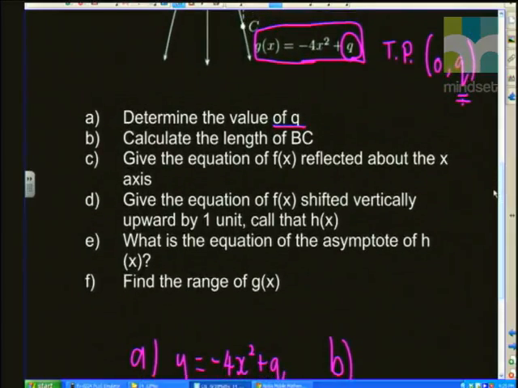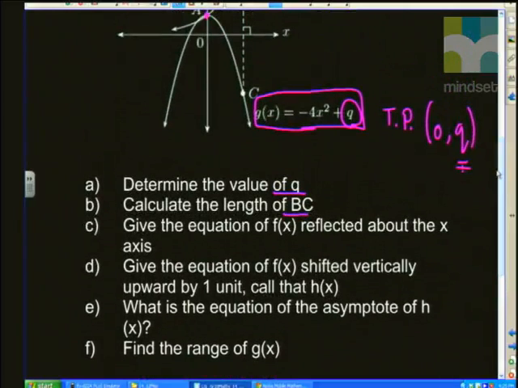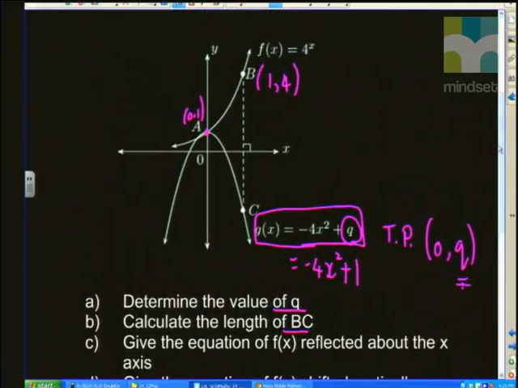That's quite nice and easy, reading your answer straight from the graph and giving us the value of q. They then say calculate the length of BC. Now remember, we can now change this equation. It's -4x² + 1. If you're looking for the length of BC, you can see it on your graph. B is the point on your exponential function. C is a point on your parabola.